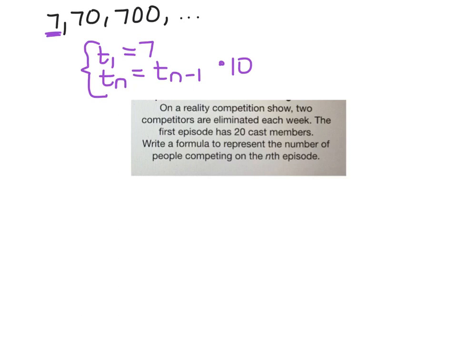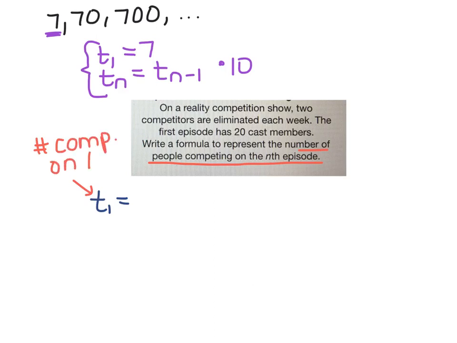I want to point out that wording at the very end of the question because that's really significant, where it talks about what n represents. It says, write a formula to represent the number of people competing on the nth episode. So when I go to write T1 equals, this really needs to represent the number of people competing on the first episode.